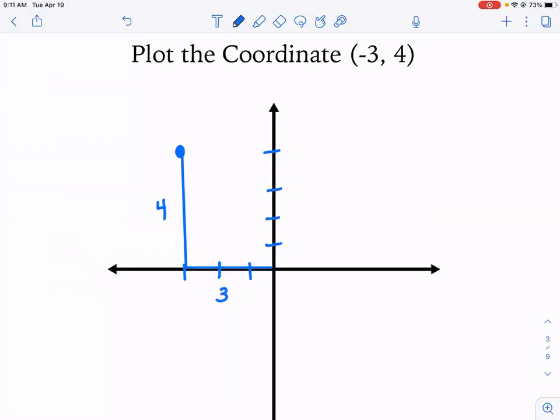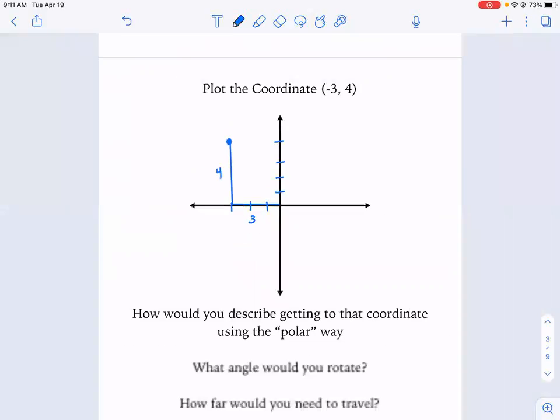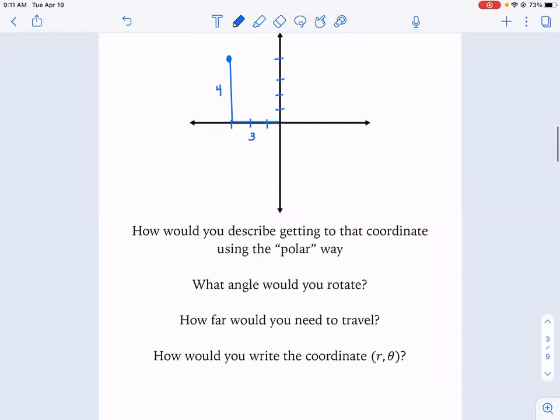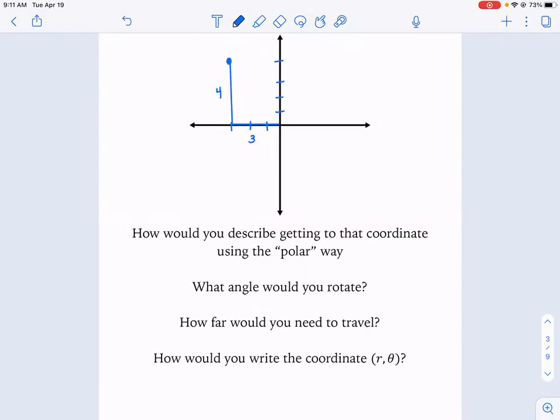I want you and your pod to figure out how far we would rotate and then walk out from the origin to get to that coordinate. How far would you have to rotate and then walk out to get to that coordinate? I'll give you a couple minutes. You might need a calculator.